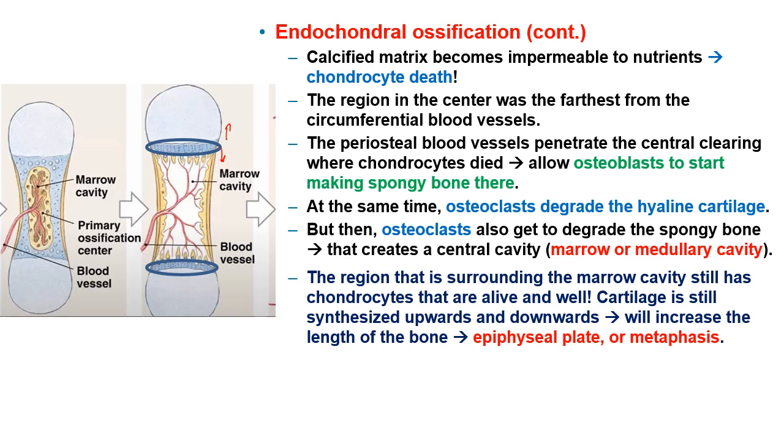It actually grows more this way, down rather than up, but it basically grows both ways. So then next time you look at the bone, you're going to have this epiphyseal plate up here, and then this whole thing is going to be diaphysis, and then the epiphyseal plate down there.